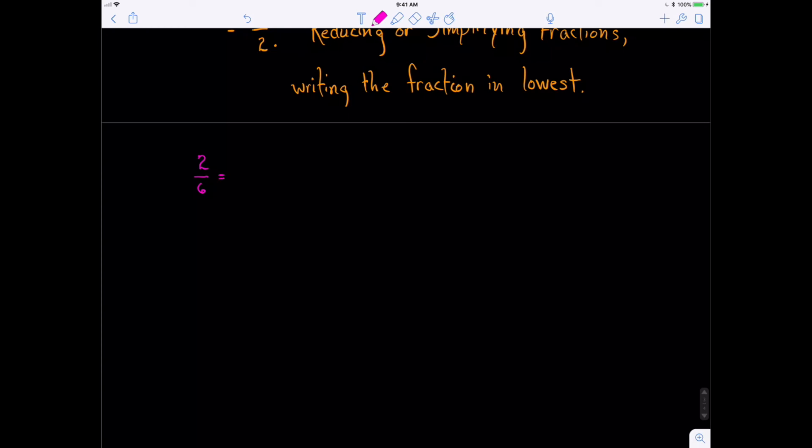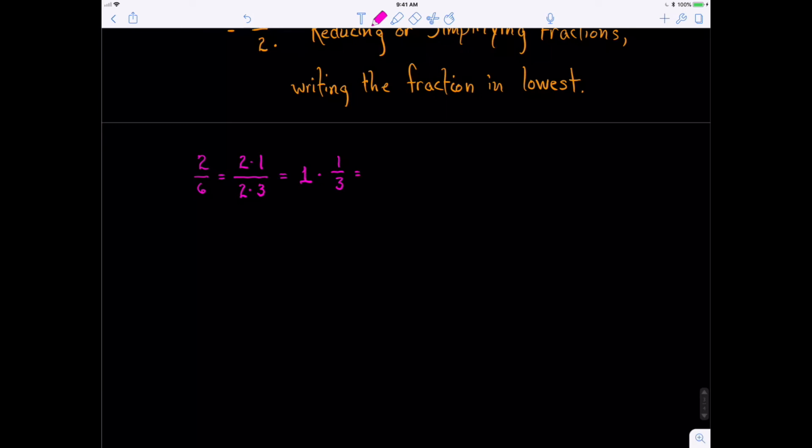Up above, we even said that 2 is the same as 2 times 1. And we said 6 is the same as 2 times 3. We wrote the other order, but it's still the same result. But wait a minute. 2 over 2, we said that's just 1. So this is 1 times 1/3.